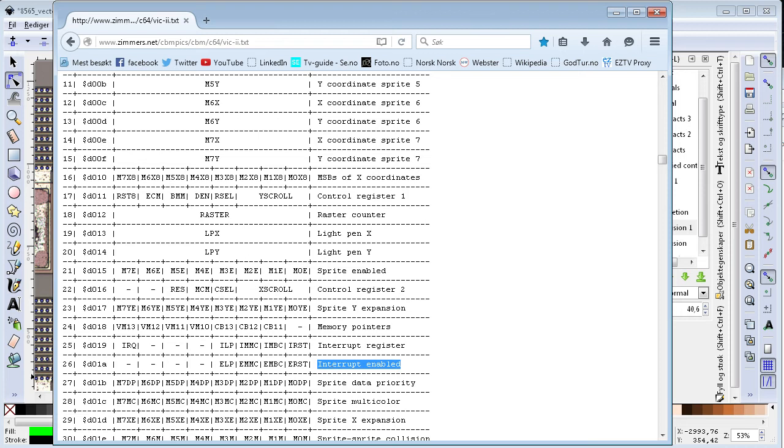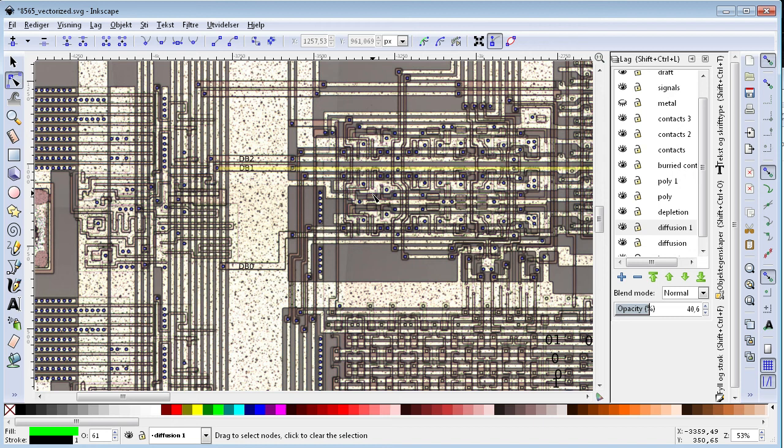So something in there has to be. There must be some logic that connects these two lines together, or not, because if it was permanently together, we'd fire interrupts all the time when there was a match between the counter and the raster.